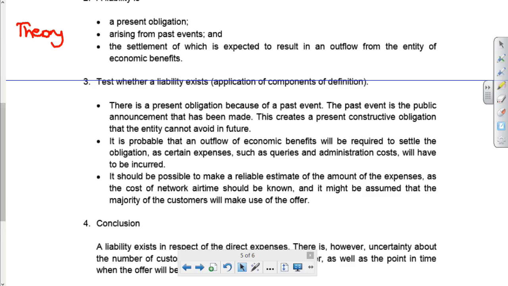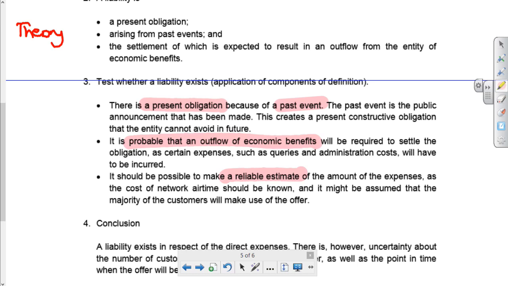The test about whether there is a liability or not, they're saying that there is a present obligation because of a past event. The past event was the announcement that was made, and it creates a present obligation. It is probable that there will be an outflow of economic benefits, like admin expenses. They probably will, they'll need to set up a little call center so people can call, isn't it, to activate. It should be possible to make a reliable estimate, so it should be possible to measure it.